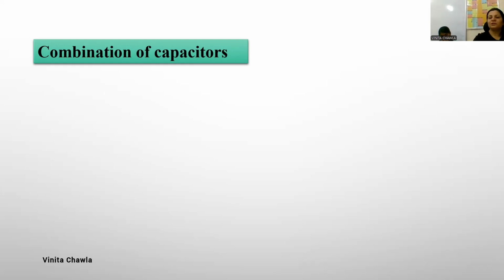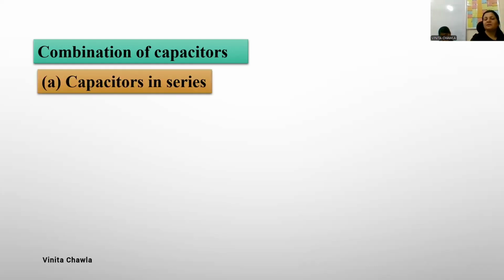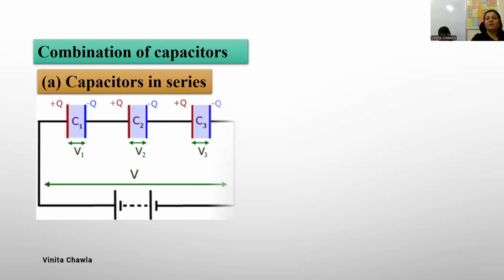So for combination of capacitors, we can connect capacitors either in series or in parallel, in the same way as we connect resistors. If we have capacitors in series, the potential difference changes. When we connect resistors in series, the current remains the same but the potential drop across each resistor changes.